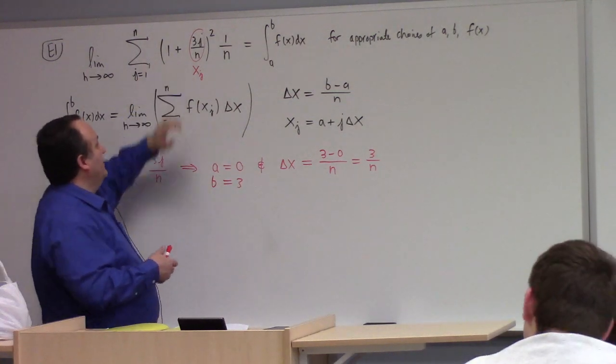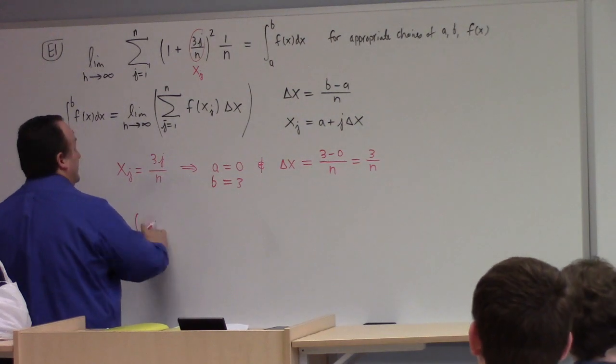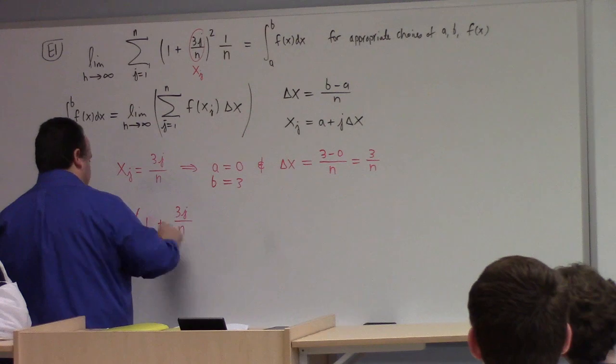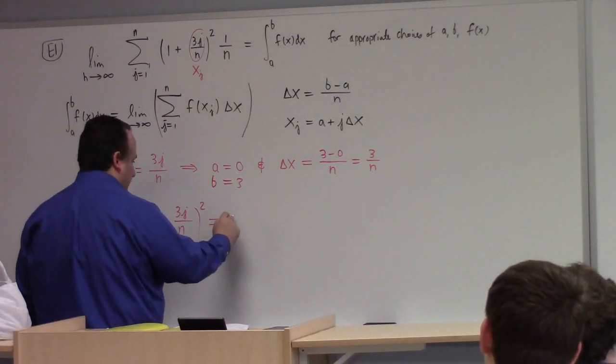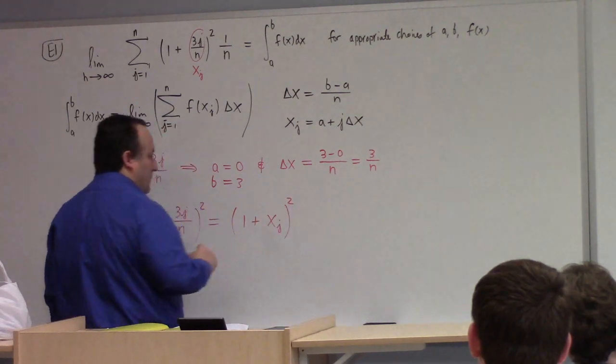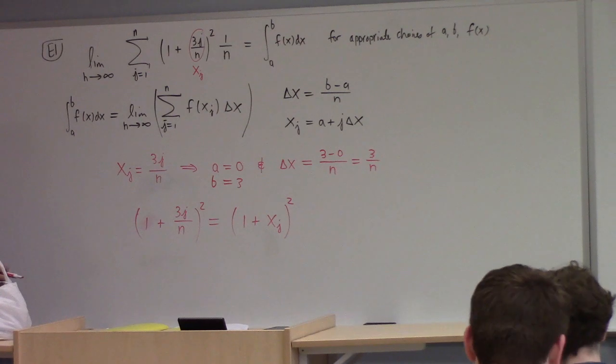Sorry guys, I'm kind of low energy today. 1 plus 3j over n squared, I can look at, well, that is 1 plus x sub j squared with this identification, right?